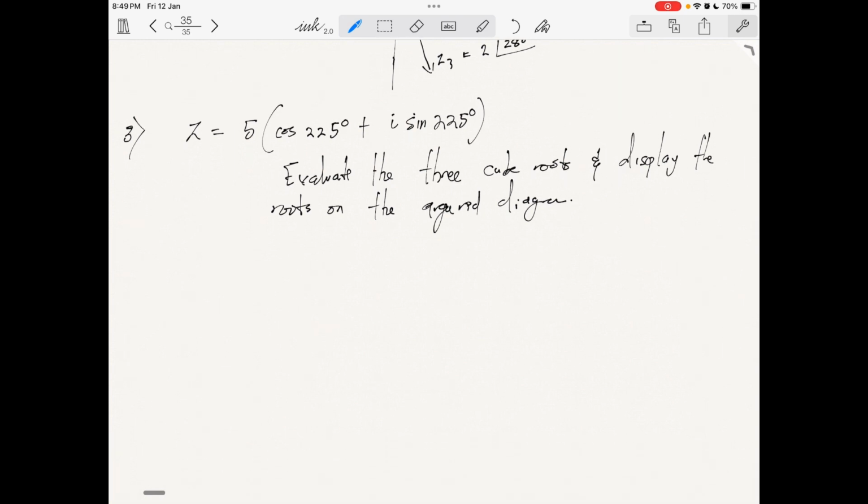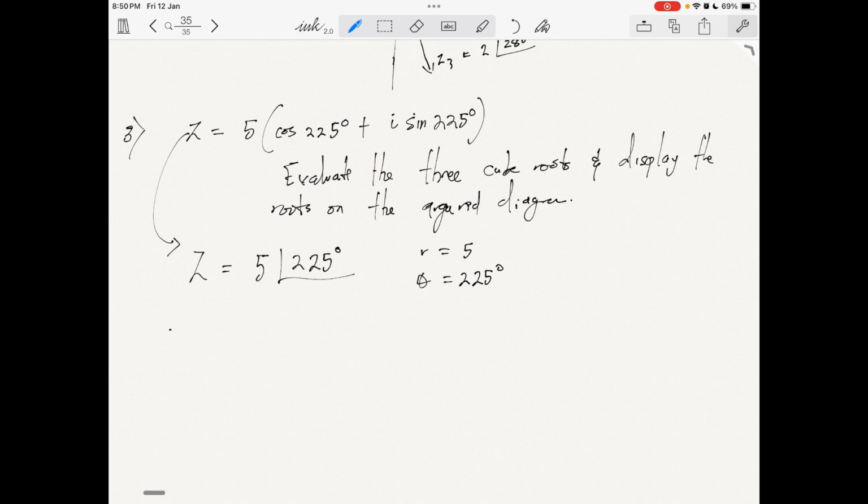We evaluate the first cube root using De Moivre's theorem. The first thing we can do is to convert this Z in terms of 5 argument 225 degrees. So r is equal to 5 and theta is equal to 225 degrees.